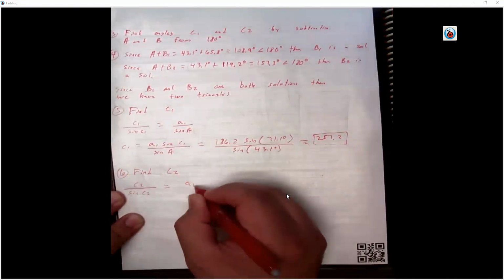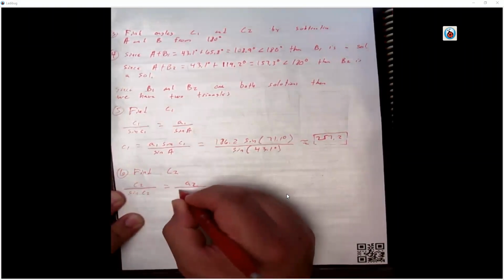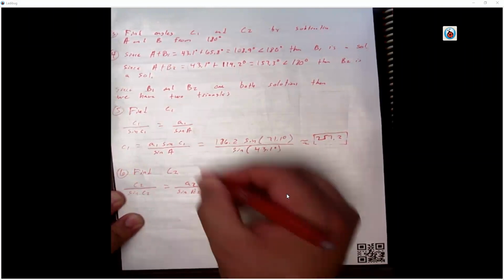C2 is almost the exact same thing. Technically, A1 and A2 are all the same. I'm just labeling it as 2, so you know that you're supposed to use stuff from triangle 2 to solve things for triangle 2. Don't use things from triangle 1.